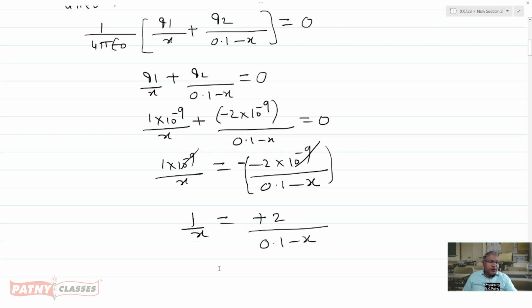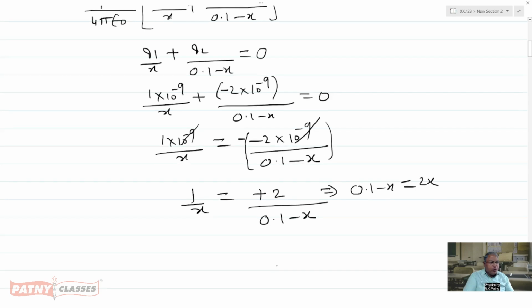Cross multiplying, 0.1 minus x equals 2x. So 0.1 equals 2x plus x, 3x equals 0.1, and x equals 0.1 divided by 3.